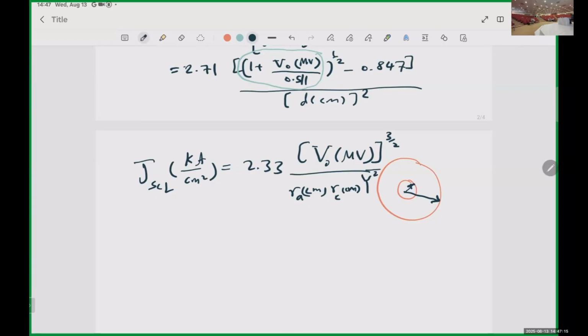Now, this is a 1D model. If you have two cylinders, I think I need to move on because it's going to be a very lengthy, complicated drawing. Let's move back to the PowerPoint.